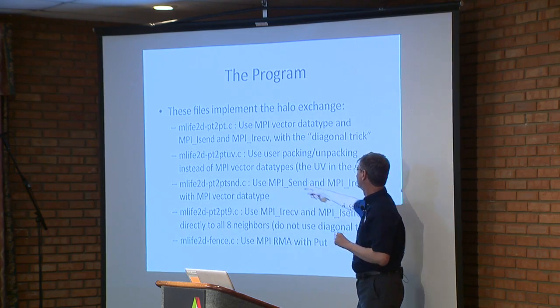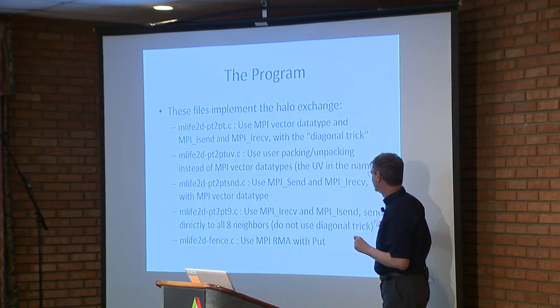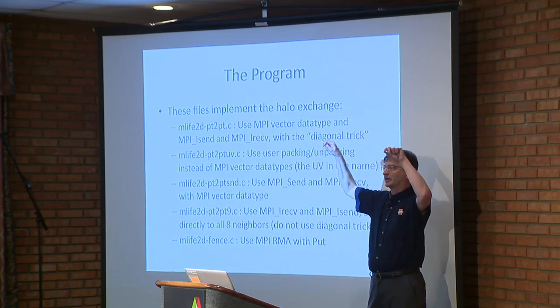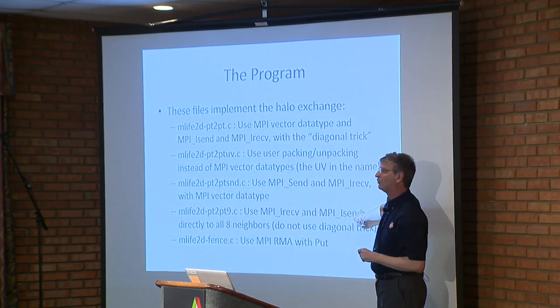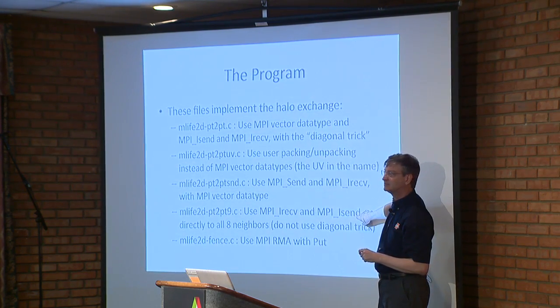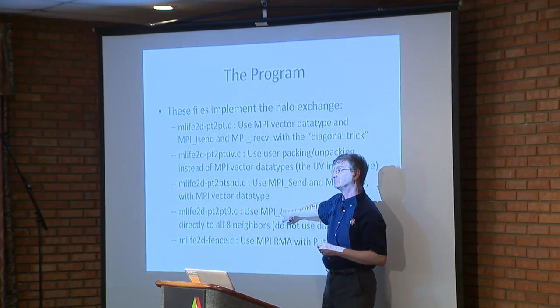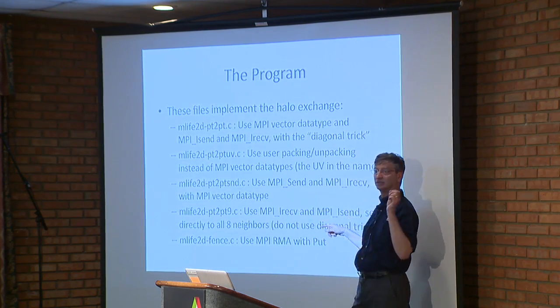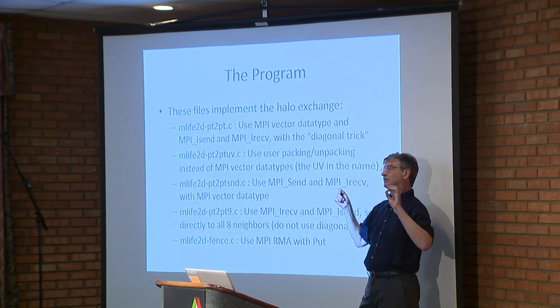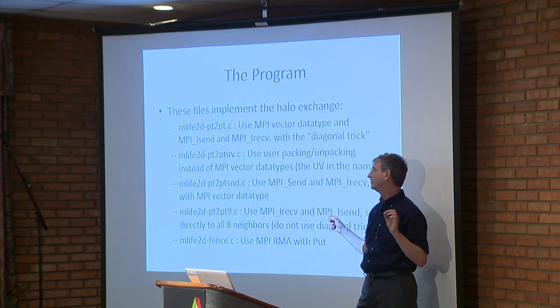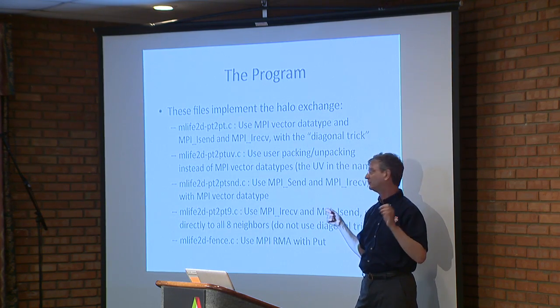This uses send instead of Isend. This one, and these all use that trick to do the corners. This one does not. This one sends the corners with an Irecv or an Isend. And again, it wouldn't necessarily be a valid MPI program because it would rely on single word buffering.